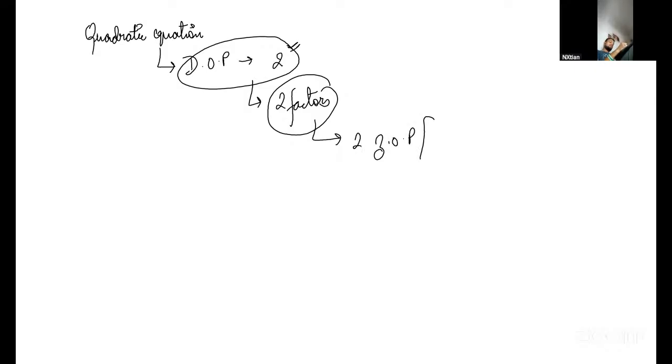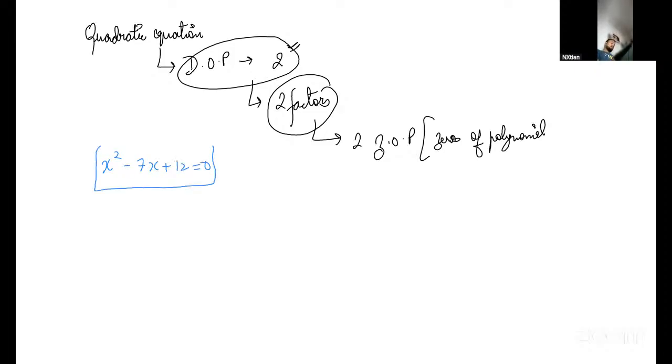ZOP stands for zeros of polynomial. Now, for a revision, for example, if I say there's an equation like x square minus 7x plus 12 is equal to 0.